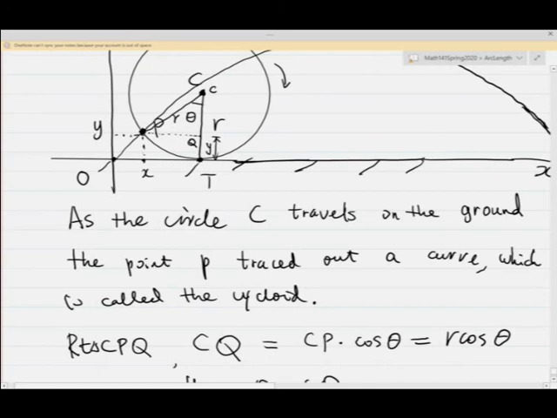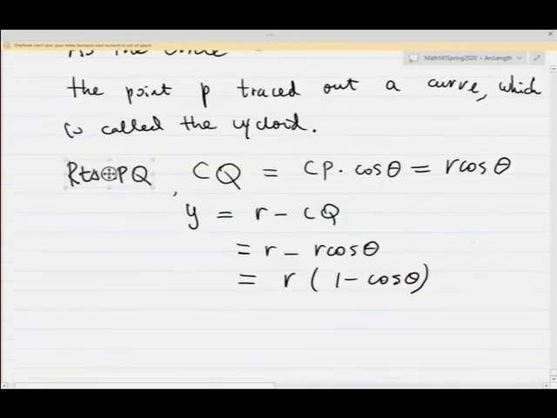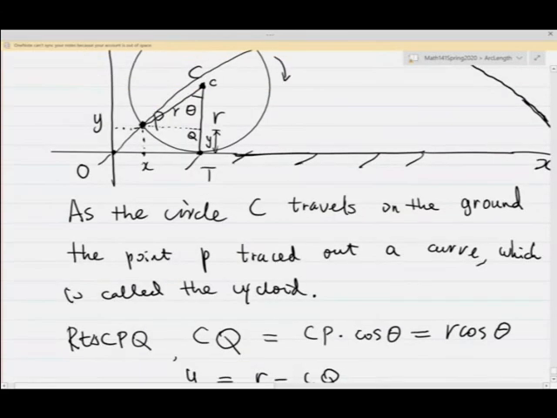First of all, OT is how far this circle traveled. The tangent point traveled is exactly the arc length of PQ.